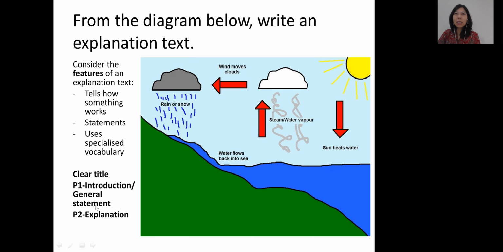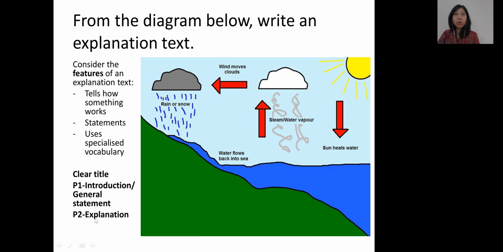So I think the right heading for this will be, what is a water cycle? Okay, I repeat, the clear title will be The Water Cycle. For paragraph 1, the heading would be, what is a water cycle?